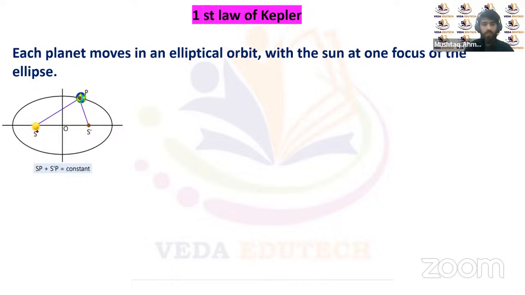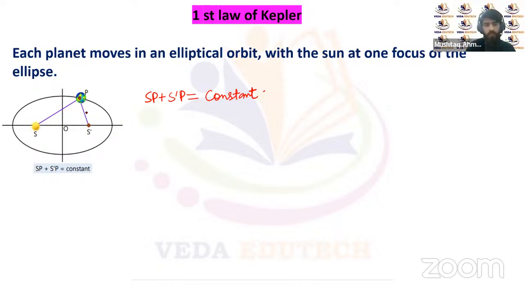S is at one of the foci, and S dash is the other focus, where S is the focus at which the sun is placed. Now this distance SP from the focus to the planet, plus the distance of the planet from the other focus, S dash P, the sum of these distances is always a constant.